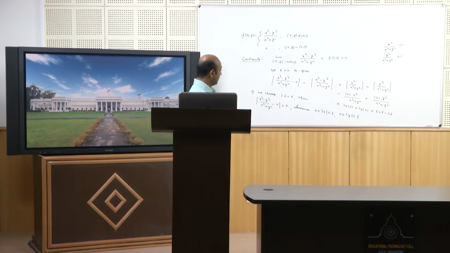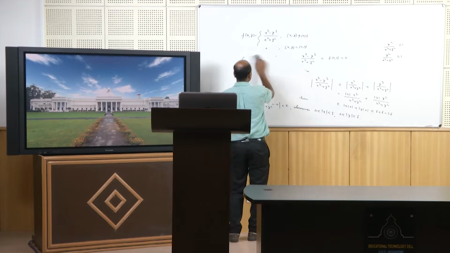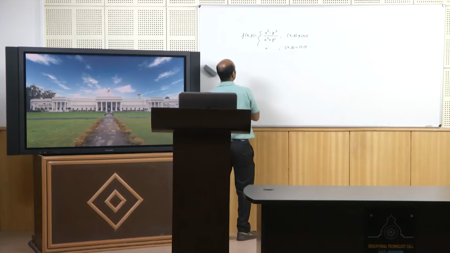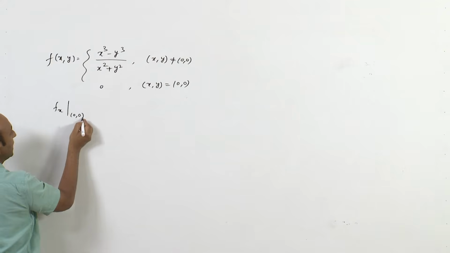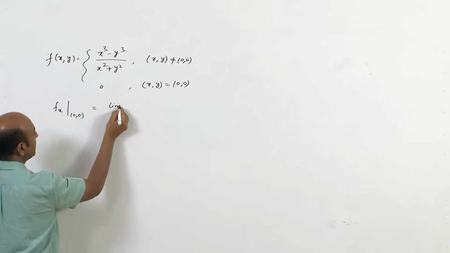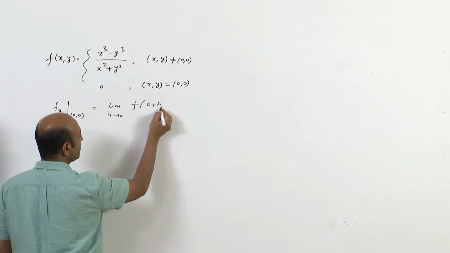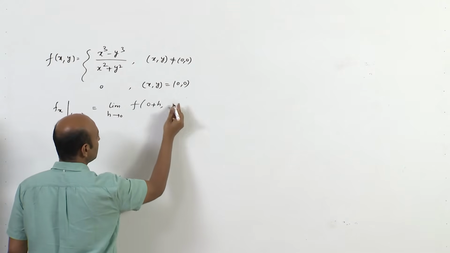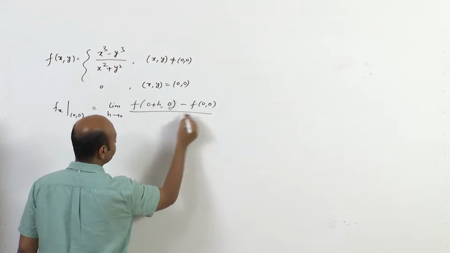Next, we have to show that the first order partial derivatives exist at (0, 0). So, fx at (0, 0), by the definition, is the limit as h tends to 0 of (f of (0 plus h, 0) minus f(0, 0)) upon h.